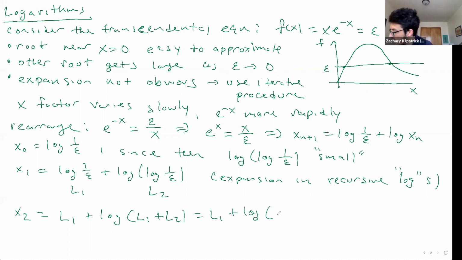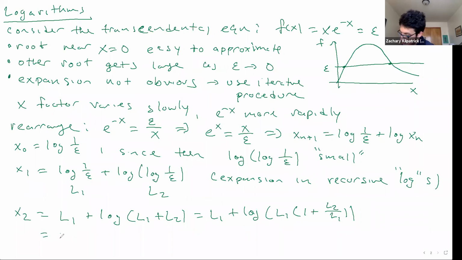Log of L1 times 1 plus L2 over L1. I can find a way to separate this into sums, right? So now if I use law of logs, I'm going to have a term that I had before, L2, and then some other term which presumably is smaller, okay? So let's see how that works.